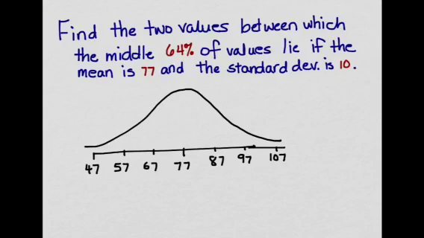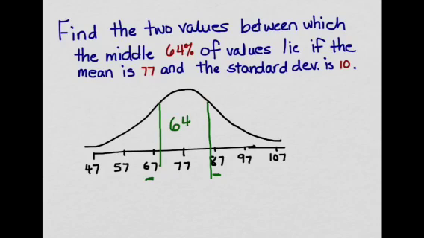We do know that 68% fall between 67 and 87, roughly, based on the empirical rule. So I'm going to say that 64% falls roughly here. And again, I really don't need that knowledge. I don't need to be that precise about exactly where is the middle 64%.